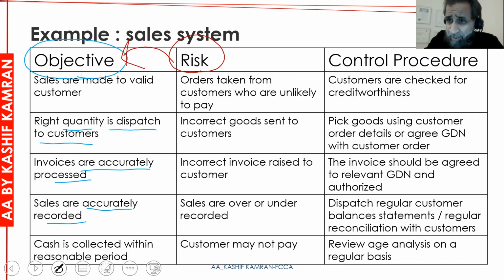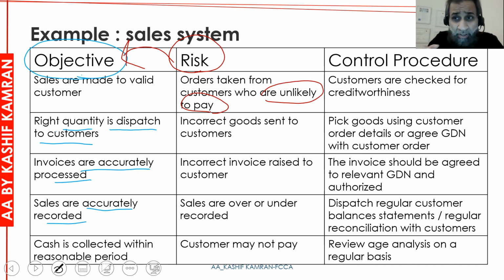Valid customer means a credit worthy customer. But what if I take a customer who is not credit worthy? I make a sale of $1,000 to a customer and he doesn't pay me back. So there is a risk, right? There is a risk that I might take orders from customers who are unlikely to pay.